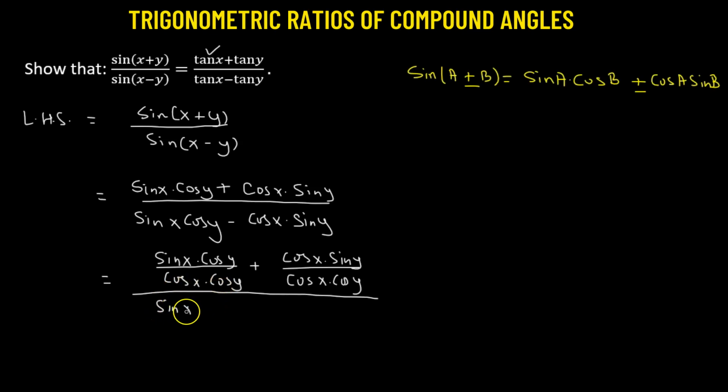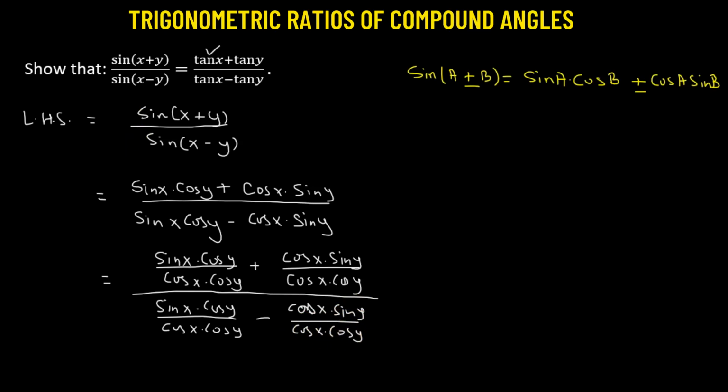So we get sine of x times cosine of y divided by cosine of x times cosine of y, minus cosine of x times sine of y, divided by cosine of x times cosine of y.